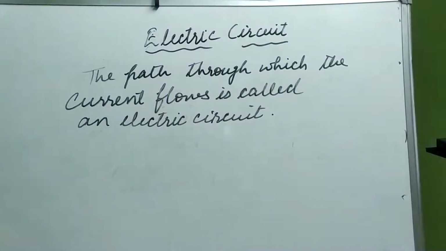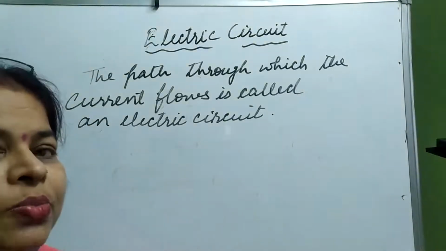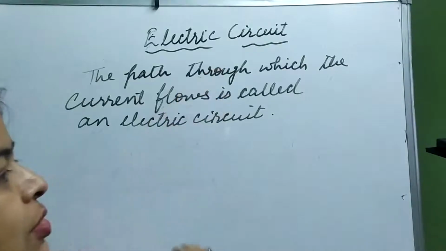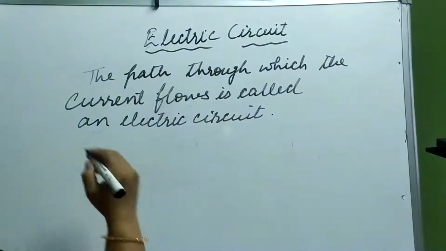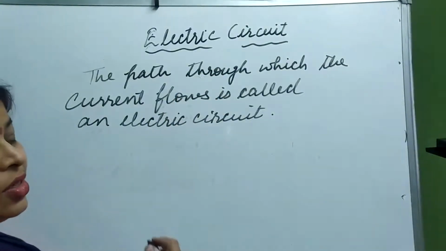Okay, so what are the main components which can be observed or found in an electric circuit? What are the main things that make the electric circuit?